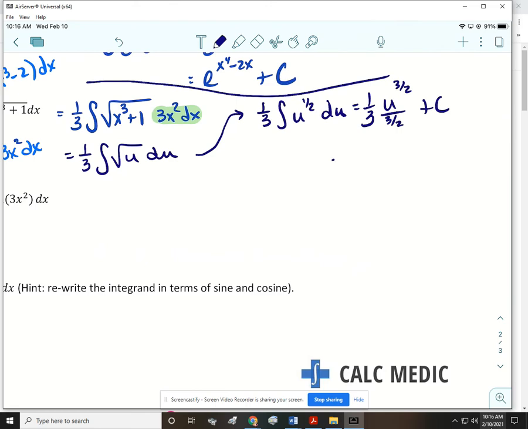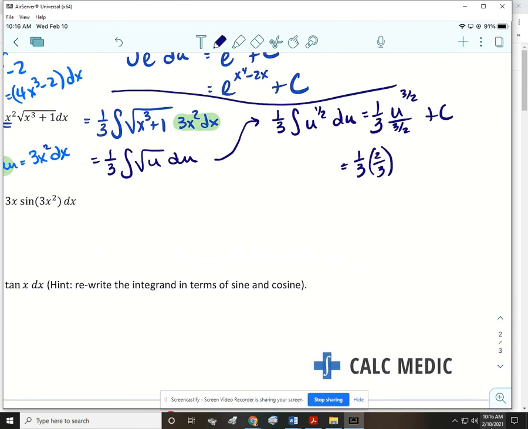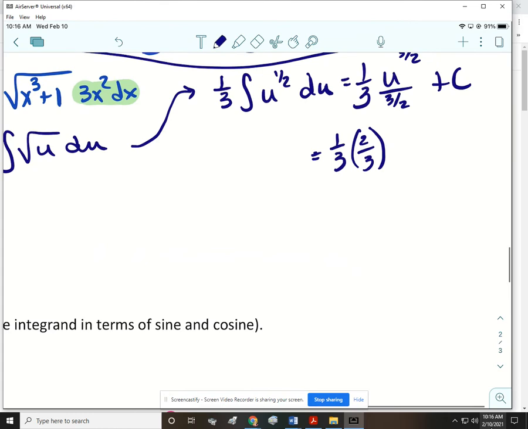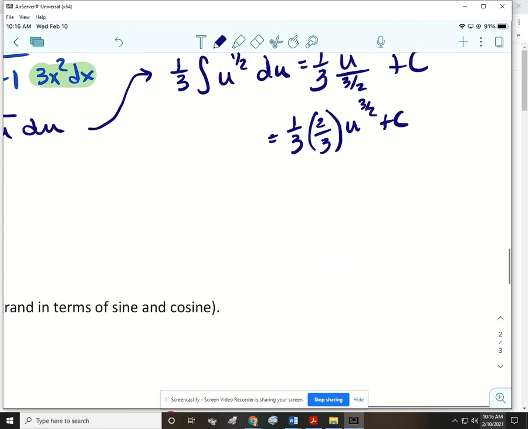Now I think throughout the ones we've done, you guys have realized that when you divide by the 3/2, you're multiplying by the reciprocal. Right. And then that's going to be 2/9, and then u to the 3/2 plus c.